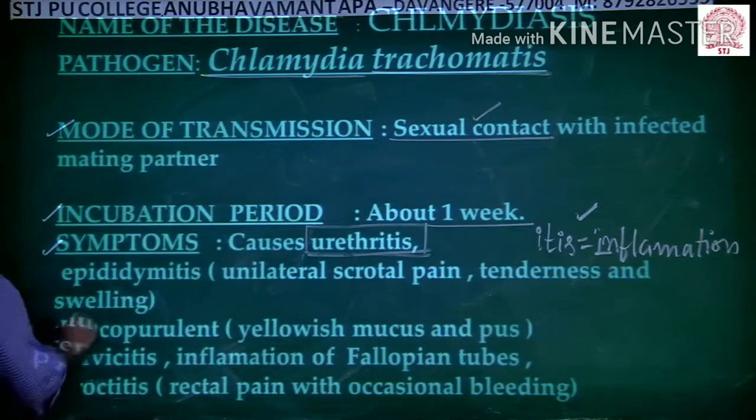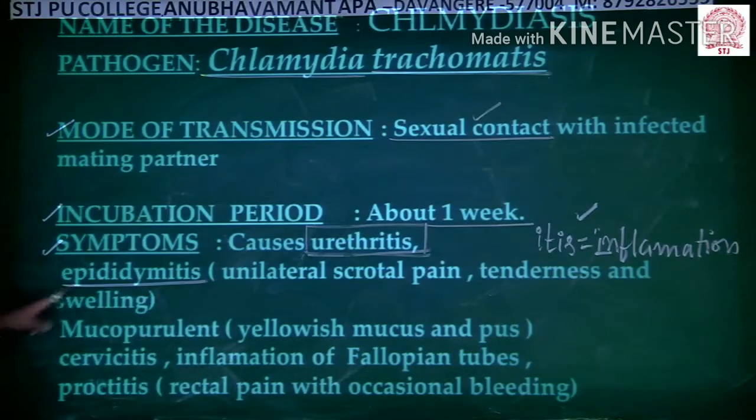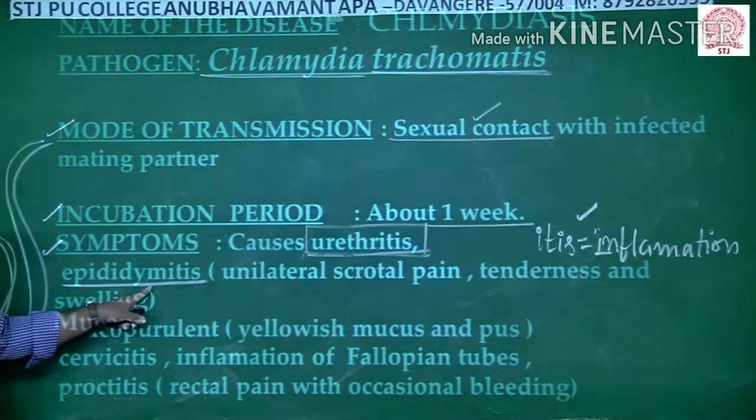Coming to the second one, epididymitis. You are all very familiar with the epididymis. In your male reproductive system, we study about the epididymis. This is the testes, and this part of the testes is known as the epididymis. So swelling of the epididymis also will take place.